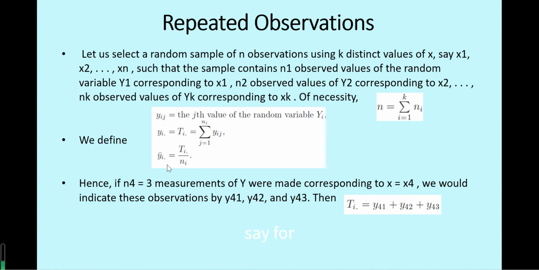So say for example x equals x4, for a given value of the independent variable, and we get 3 measurements of y. We denote Ti dot equals the sum of all y values for this given x value. Then we divide it by this ni, and we get the mean, yi dot.